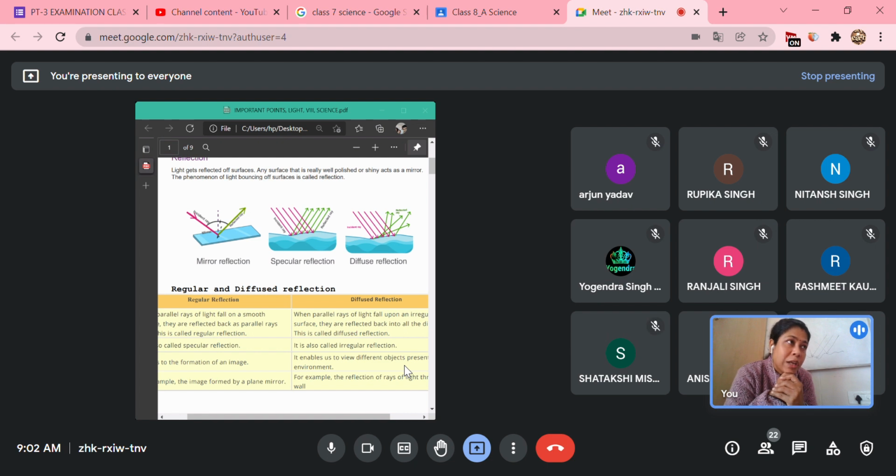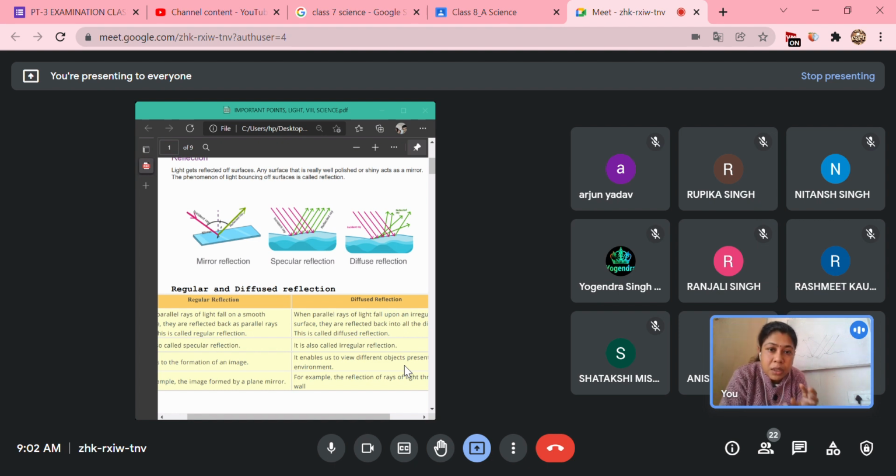Acha. At night you switch on the tube light or the bulb. If each and every surface of the wall were shiny, you would see several images of the tube light. But due to the uneven, rough surface, you are not able to see the image of the light.